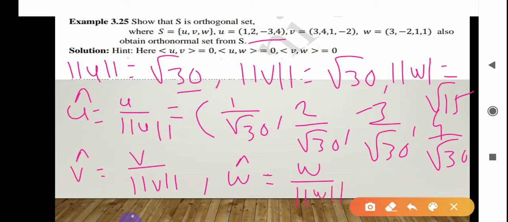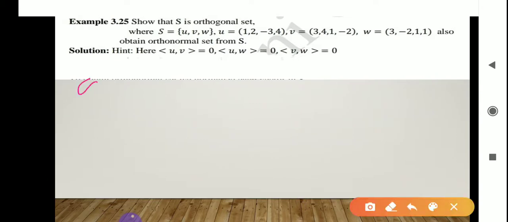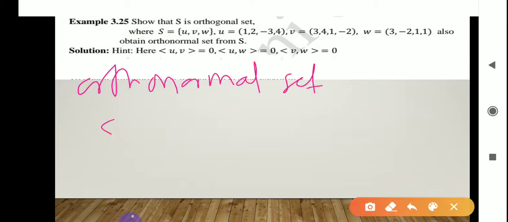After getting these three unit vectors, if we find the norm of each unit vector, that norm is 1 here. And therefore the orthonormal set S is equal to u cap, v cap, w cap.